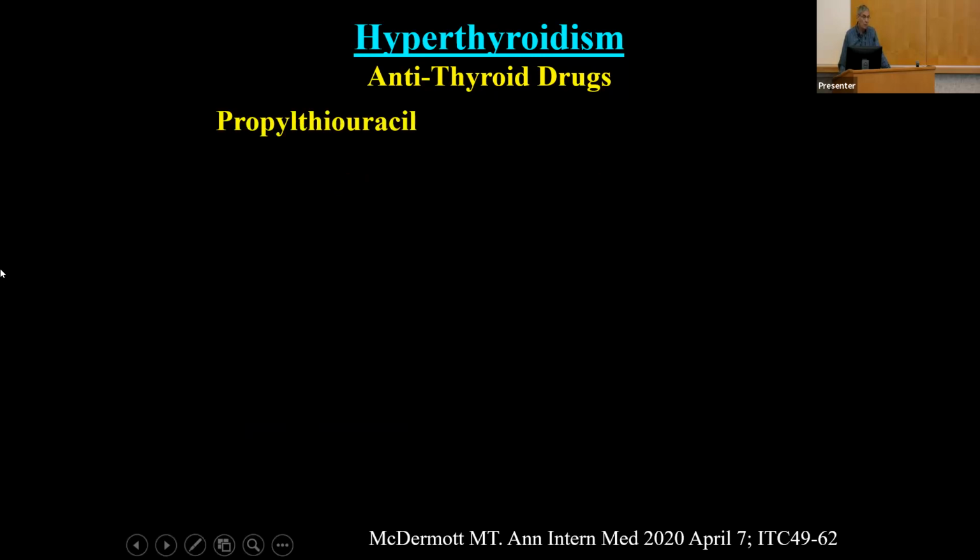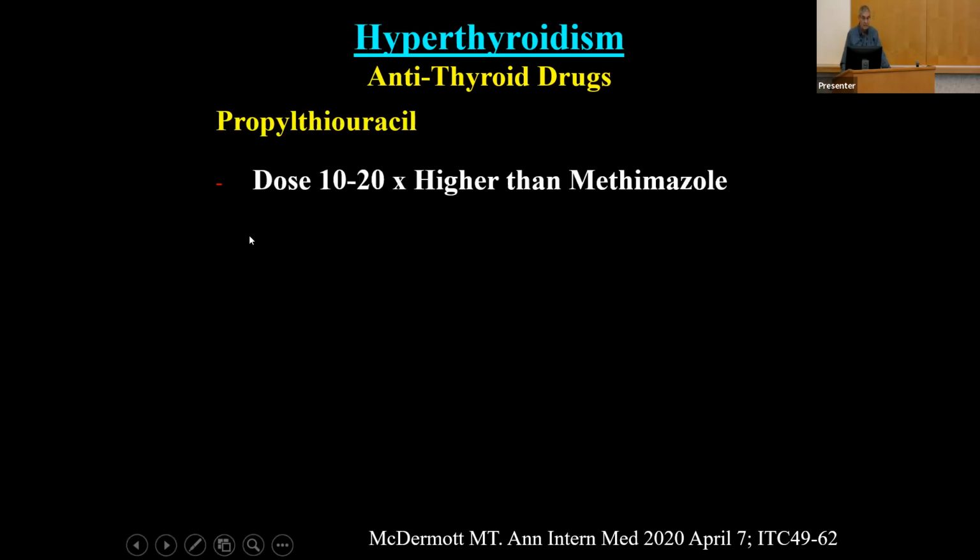Now, what about propylthiouracil? Why don't we use it, and when do we use it? Well, first of all, it's a lot less potent, so the doses are 10 times higher than methimazole. Methimazole is about 15 times more potent than propylthiouracil. Also, propylthiouracil has a very short half-life, so all doses have to be given 3 times a day.